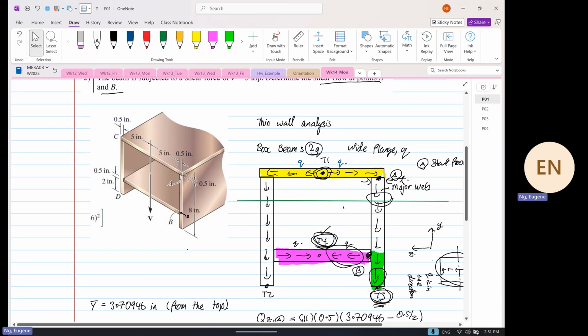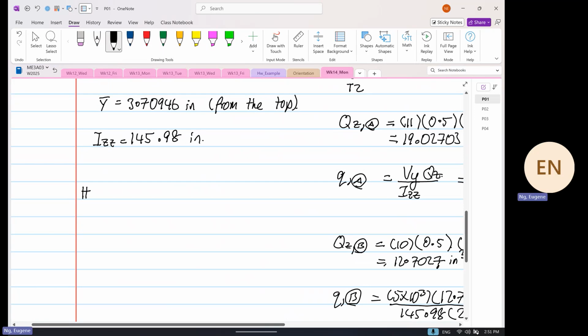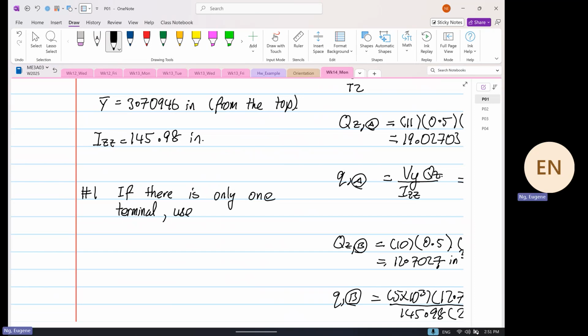Okay, so I'll write down here. Number one, if there is only one terminal, use that terminal.